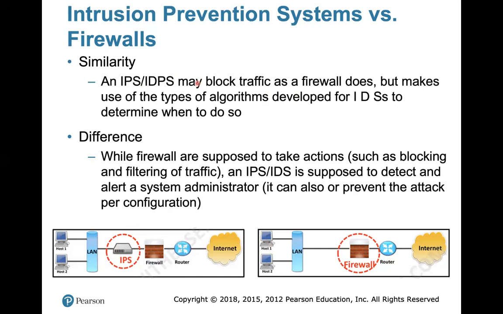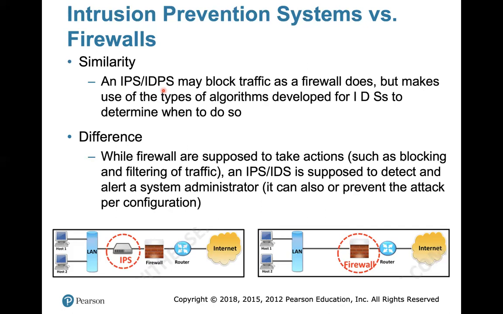So the similarity between the IPS or IDPS and firewall is that firewalls for sure block the traffic. In some cases, IPS also blocks the traffic. Of course, firewall performs the blocking based on some rules or access policies.